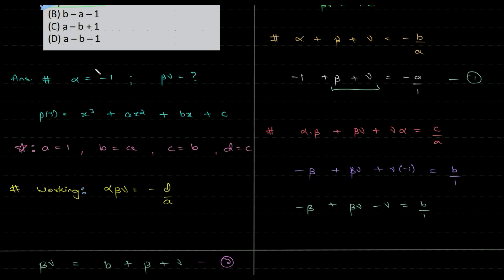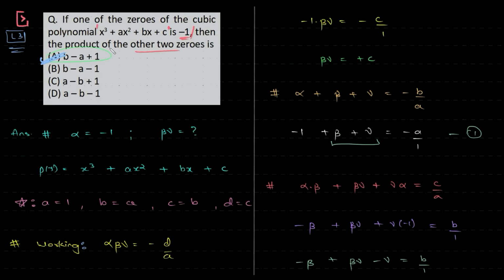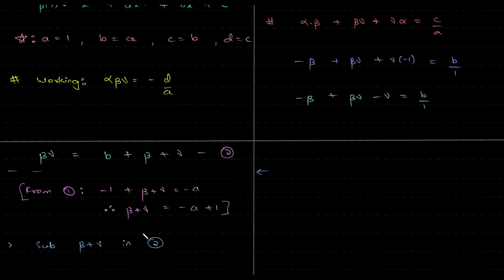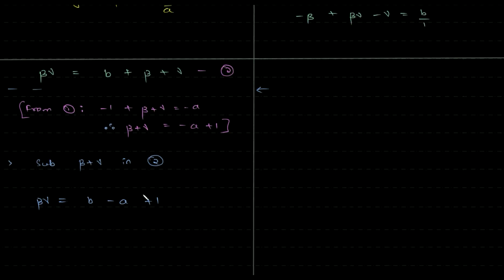Say the same question they ask, then the product of the other two zeros is this, justify. Such a question comes. It can be for a 3 marker. By default, you will get 2 marks. Till here, if you guys write, you'll get 2 marks. And the rest 1 mark or half a mark will go to this stretch.